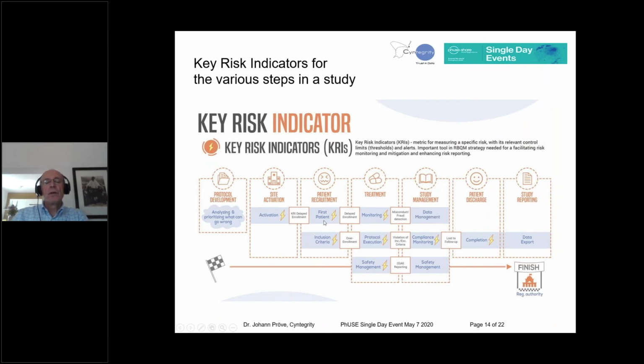So for instance, first patient in and the inclusion criteria during the patient recruitment, or during study management, data management activities, compliance and monitoring, or the safety management. So it is important to keep in mind that this is a holistic view and a holistic problem that needs to be looked at, and not just individual cells in isolation.